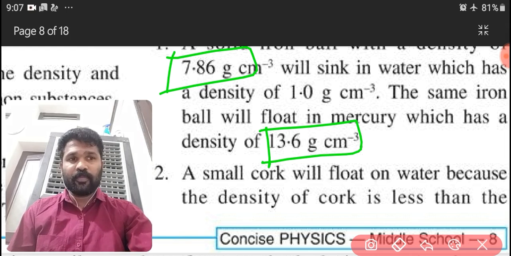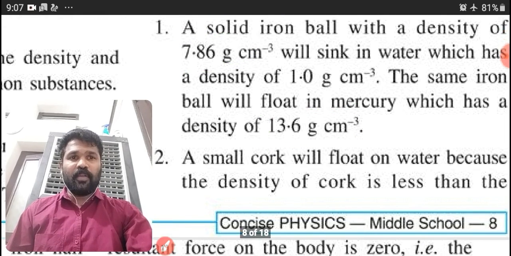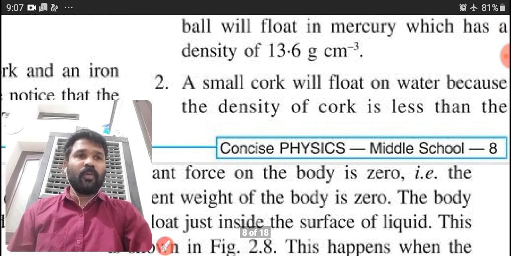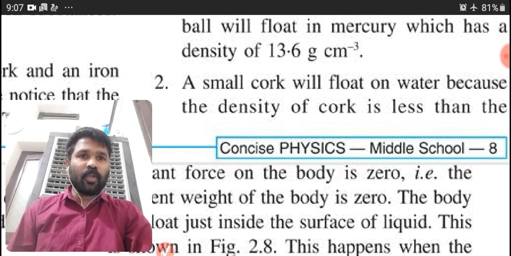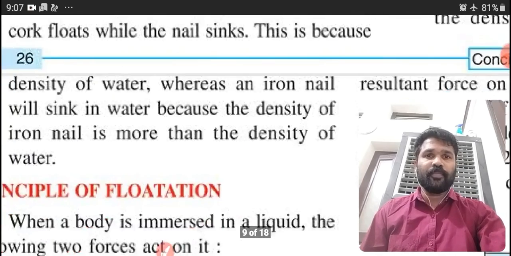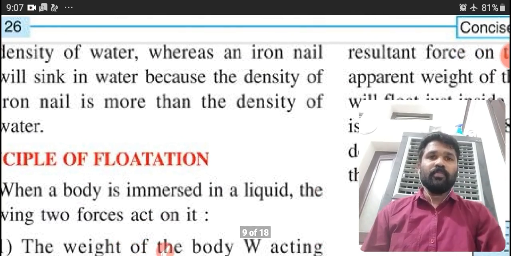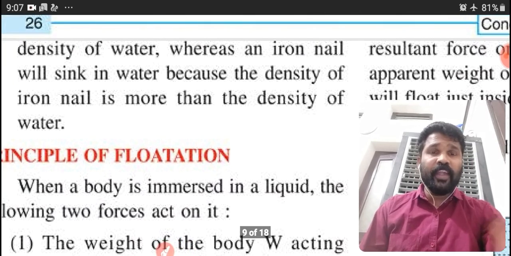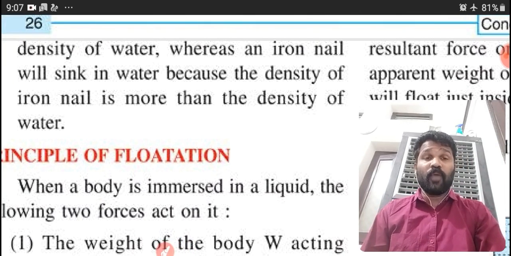Now, next example: a small cork will float on water because the density of cork is less than the density of water, whereas an iron nail will sink in water because the density of the iron nail is more than the density of water.